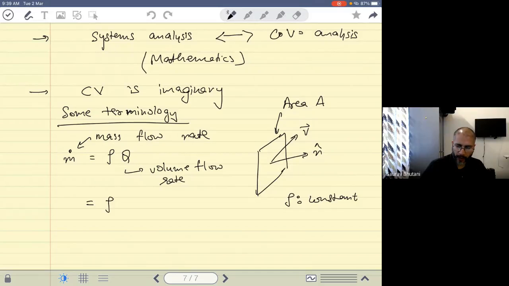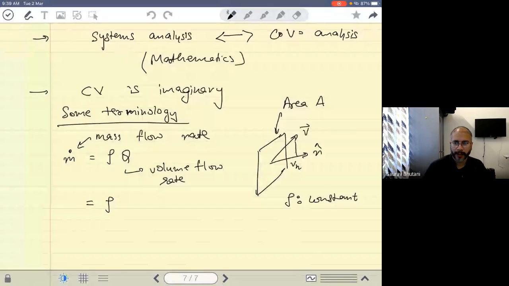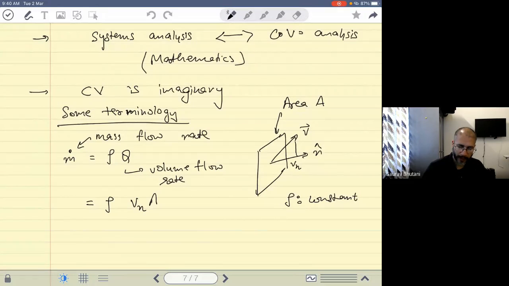So it is only the normal component of the velocity, which we'll call Vn, that is resulting in a flow out of the surface. So we can write this as Vn times the area A. Okay, so the velocity is in meters per second, area is in meters square. So velocity times area gives us meter cube per second, and that multiplied by density, which is kg per meter cube, gives us kg per second.